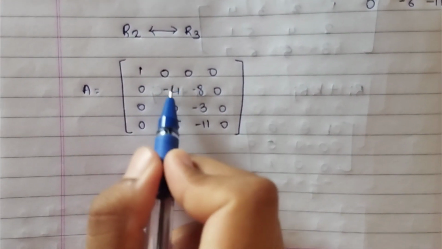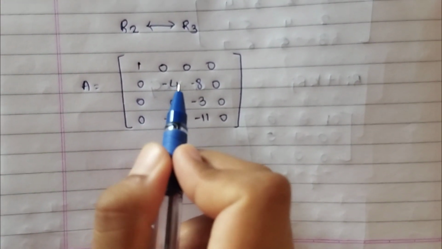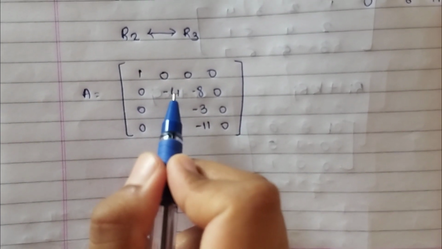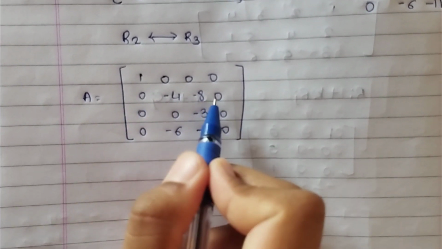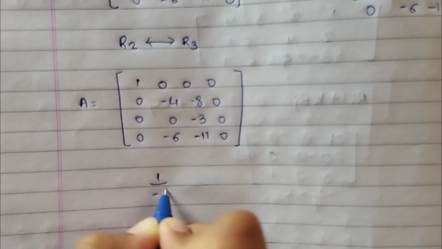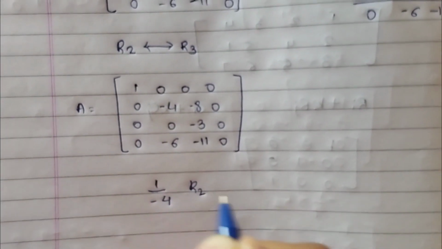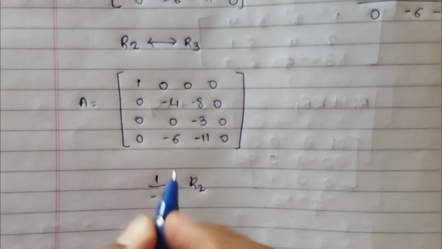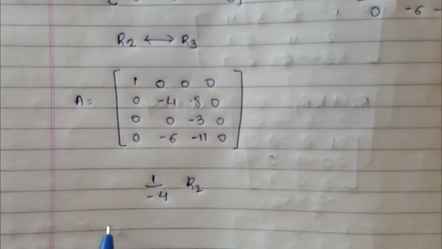So now to convert the second diagonal element into a 1, we perform the operation: we divide the whole R2 by -4, so 1 upon -4 R2. When we perform the operation, we automatically get 1 here.